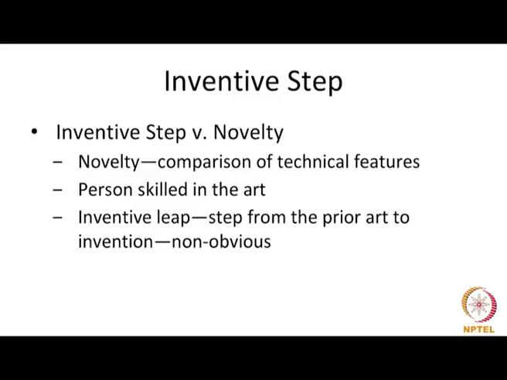So, the person skilled in the art comes into the picture for an inventive step analysis, and he is attributed various traits. For instance, a person skilled in the art is attributed to know every knowledge in that particular domain that has been published or that forms a part of the common general knowledge. He is attributed it because he is a hypothetical construct.